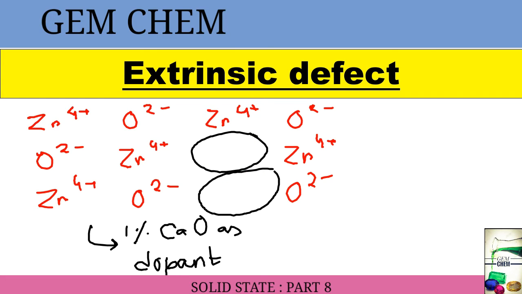That is, this side becomes vacant and this side gets occupied by a calcium 2+. In order to maintain the electrical neutrality, this O2 minus gets lost. So in the above case, some of the Zr4 plus ions are replaced by calcium 2+ ions, and in order to maintain the electrical balance, an equal number of neighboring oxide ions leave the lattice. Thus the number of calcium 2+ ions added is equal to the number of anionic vacancies. Okay, so this is extrinsic defect.